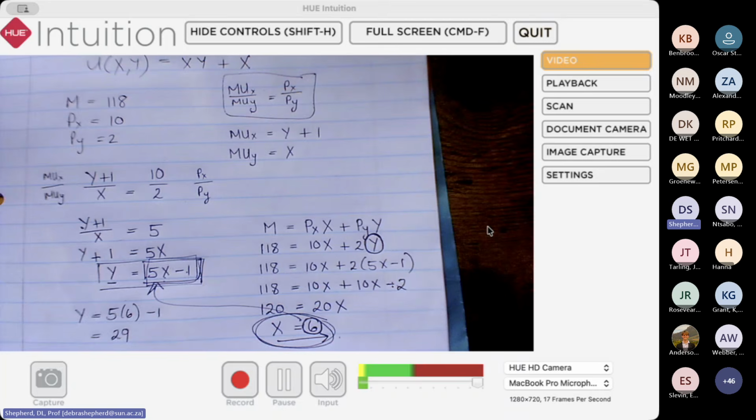And I think the next question that I wanted to do was tutorial 4, question 2. Okay, so tutorial 4 question 2 is actually a very similar question, but what it does as well is it brings in a price effect and a Hicksian decomposition.